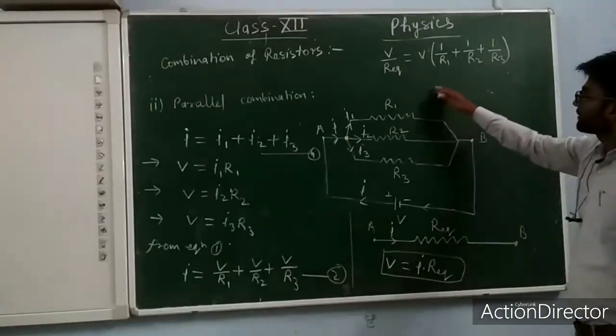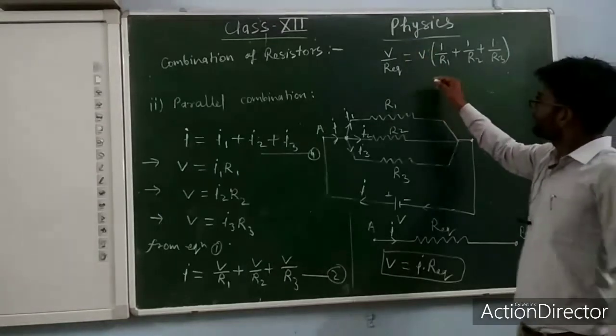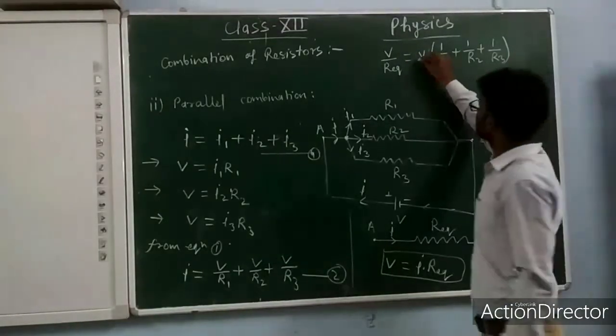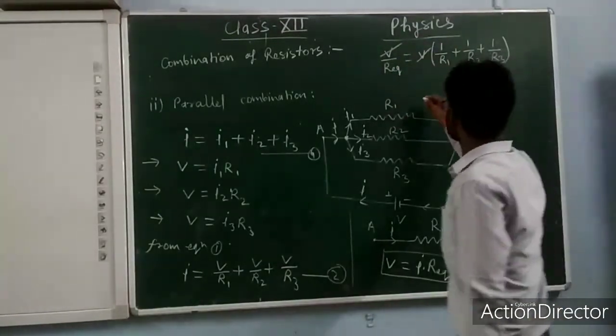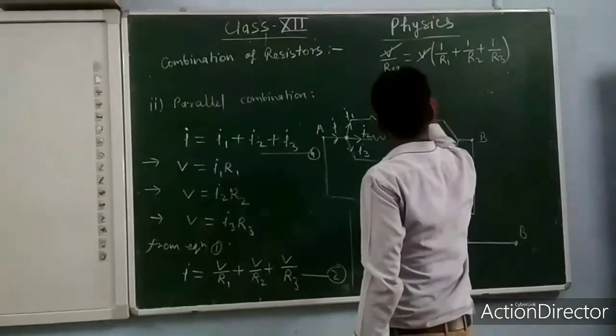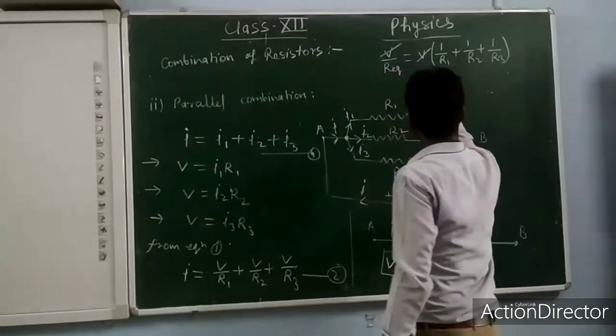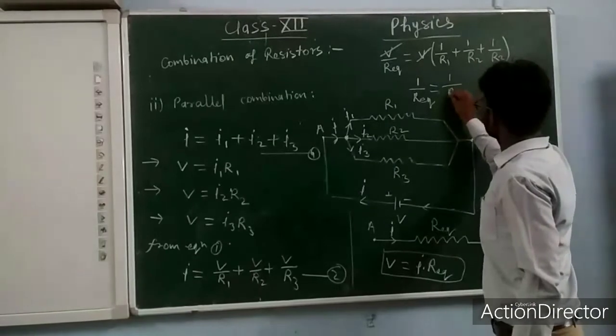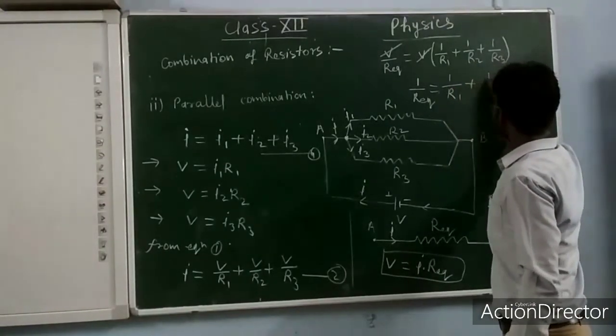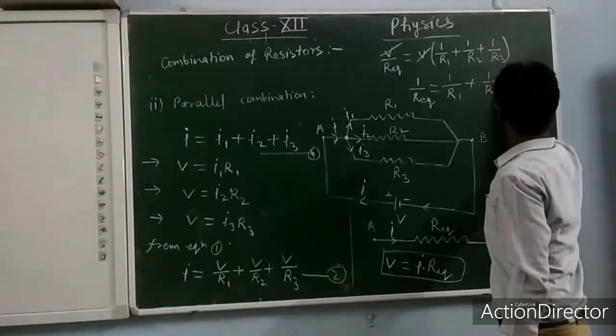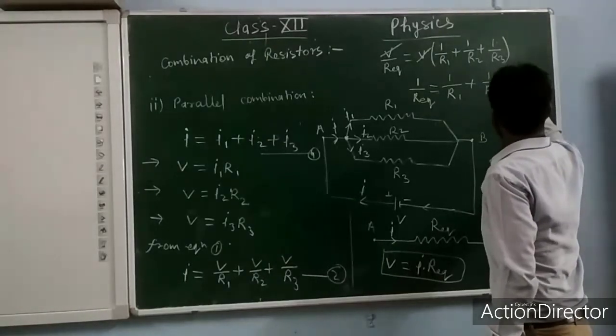So because V is common at both sides, so we can cancel it out, right? So what will be the equivalent resistance? 1 upon R equivalent will be equal to 1 upon R1 plus 1 upon R2 plus 1 upon R3, right?